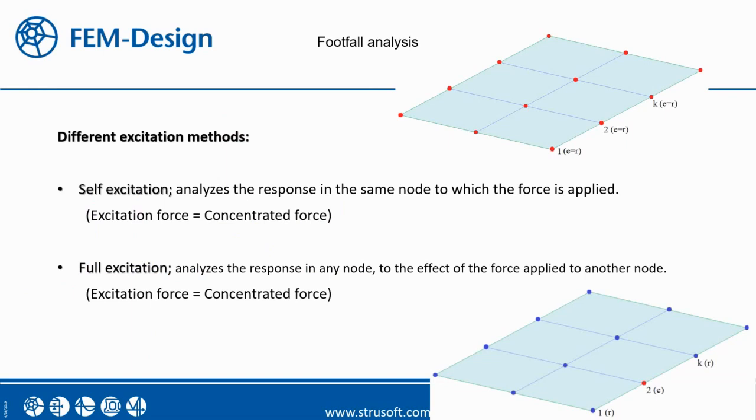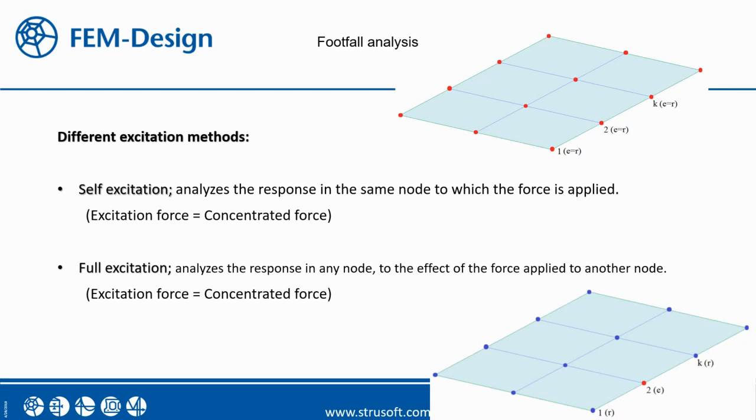The first mode is called self-excitation, which analyzes the response in the same node to which the force is applied. So if the concentrated excitation force is applied in node number 1, as shown in the top picture, then the response will be calculated in node number 1.